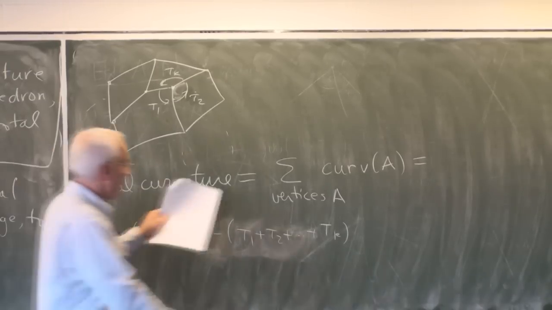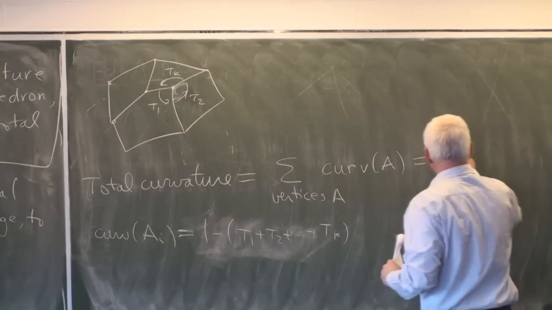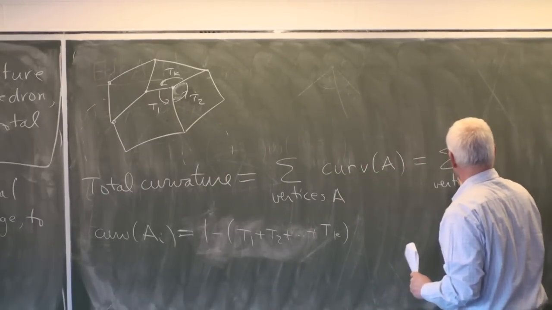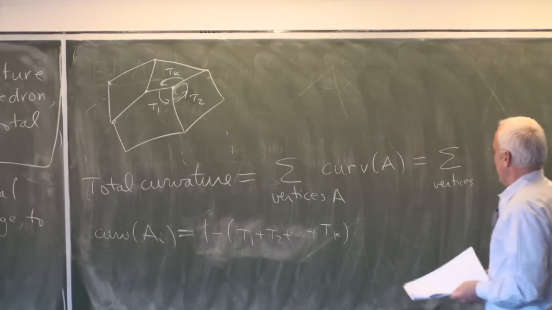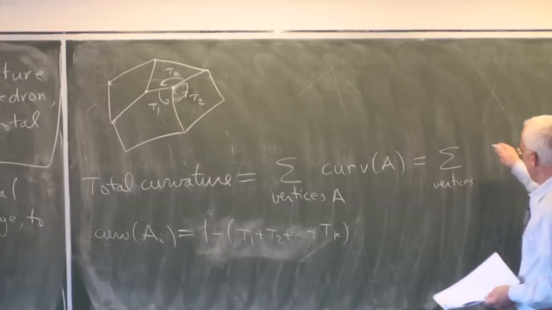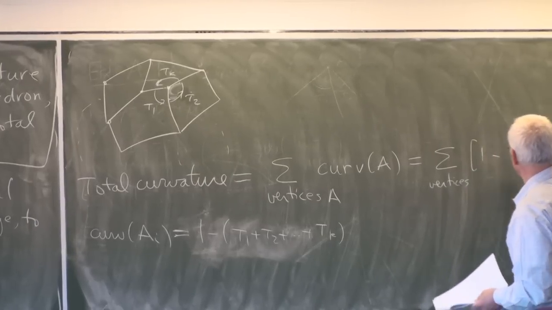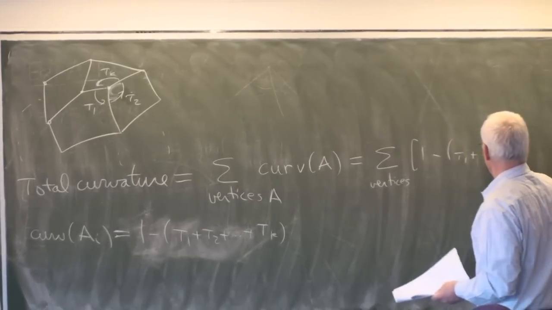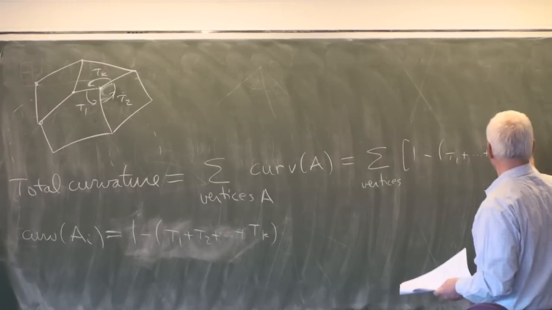Okay, so we're going to replace this sum. It's a sum over all the vertices, and then we have to sum 1 minus tau 1 plus up to tau k.